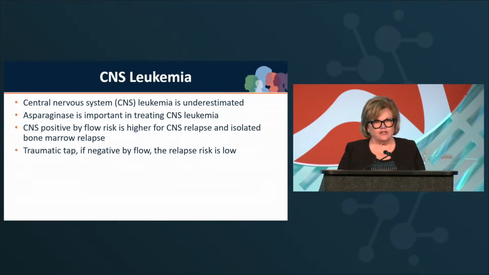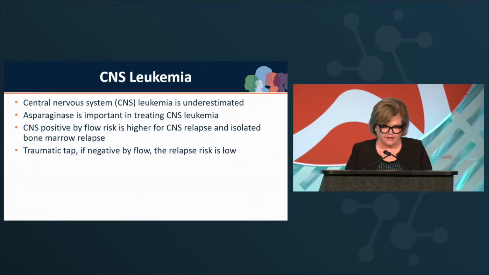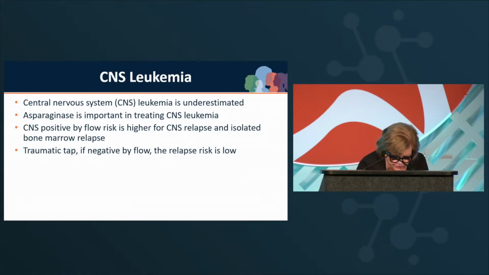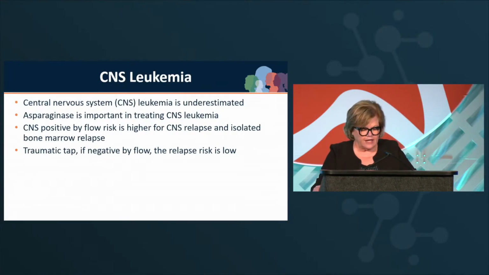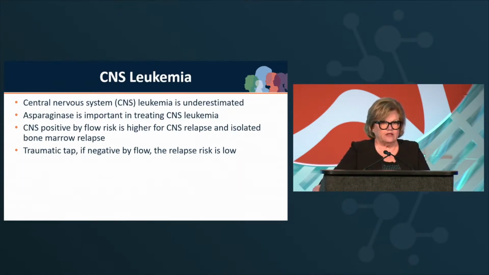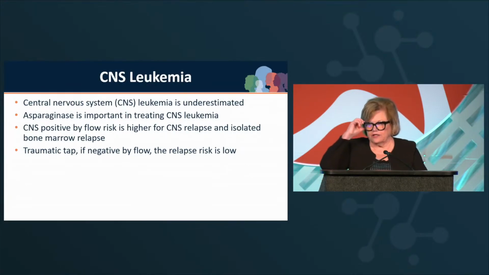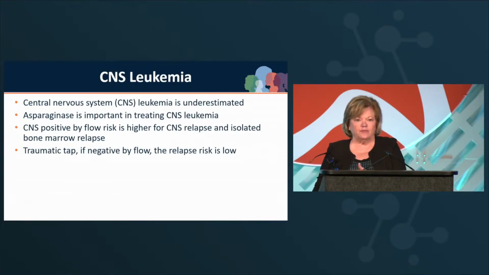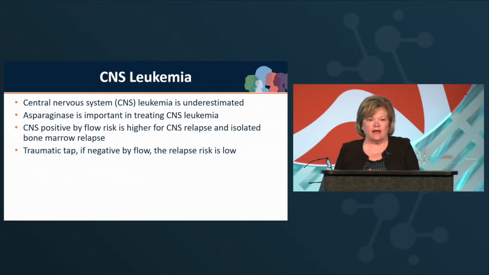And we know that asparaginase is also important in treating the CNS leukemia, and that the CNS positive by flow is higher, as we said, in those that have a subsequent relapse of the spinal fluid and the isolated bone marrow relapse. One of the things that we always looked at when we were doing our spinal taps back in my day as a nurse practitioner is we would look at a traumatic tap. We would be very concerned if we had a traumatic tap, and if that had blasts, we would consider that patient CNS positive.